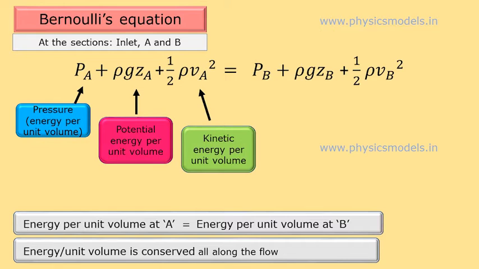So the sum of these three terms at section A will be equal to the sum of these three terms at section B, at section C, and so on. In this way, the energy per unit volume is conserved in the flow of a liquid through a pipe. For more details on Bernoulli's equation, see one of my other videos.